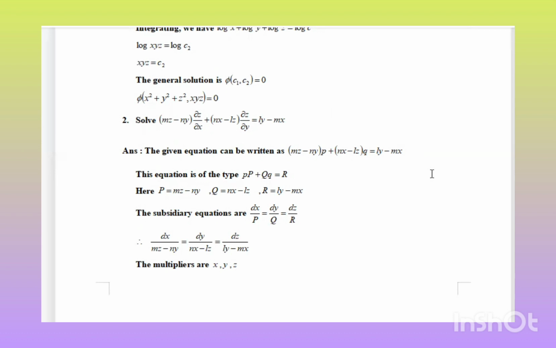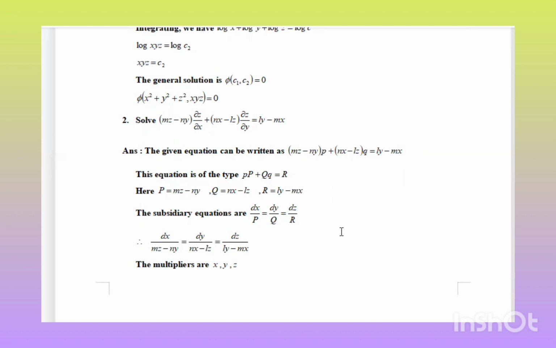This equation looks like Lagrange's type Pp + Qq = R. So capital P = mz − ny, capital Q = nx − lz, capital R = ly − mx.